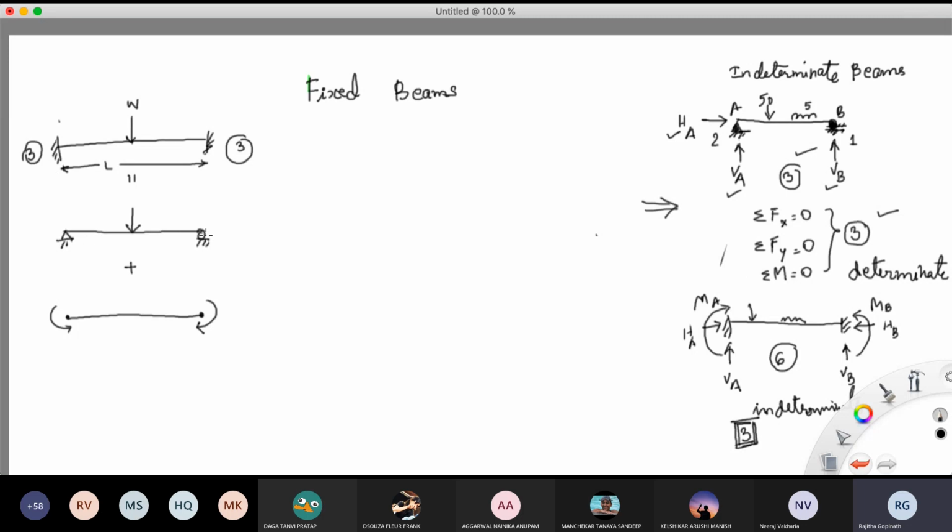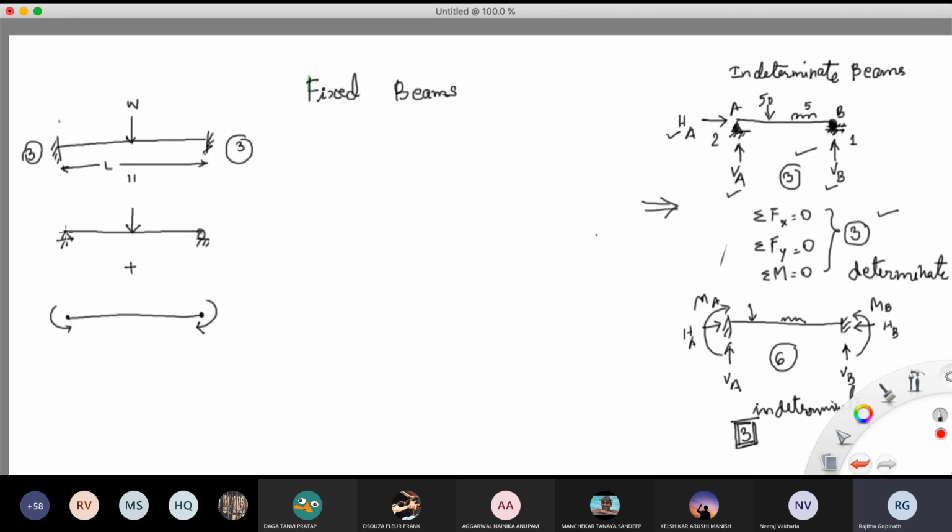Now you understand that there is a difference between a fixed beam and a simple beam, right? A simply supported beam does not have a negative bending moment, correct? You understand? If I have to draw the deflected curve of the simply supported beam like this one here, how am I going to draw it?